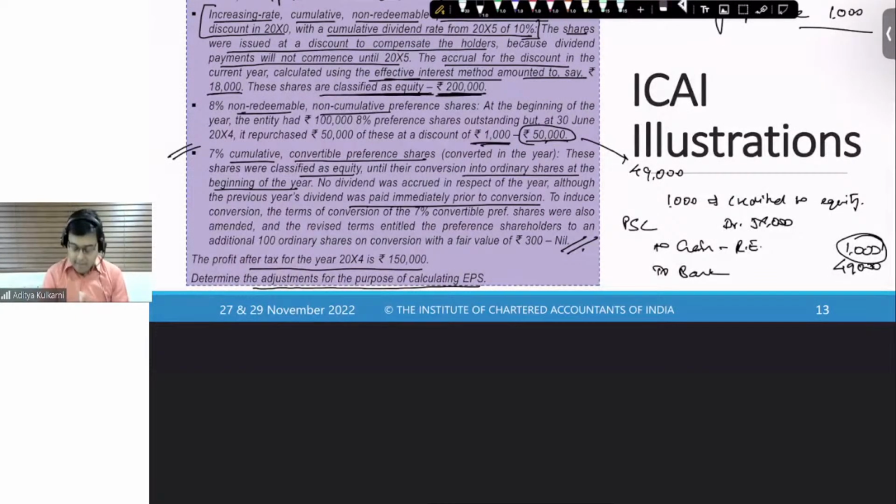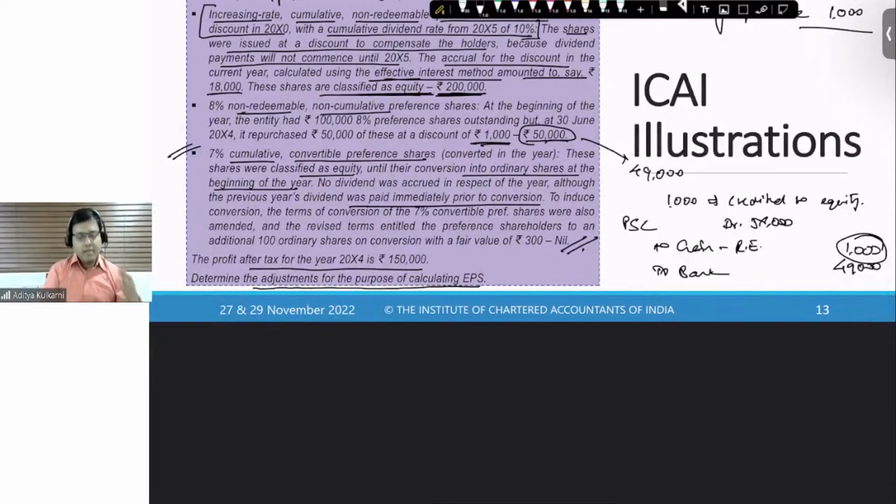So let us understand what is happening. I had certain cumulative convertible preference shares. These are convertible, so they were classified as equity, not as a financial liability. Now, prior to conversion, you have paid off the dividend, so the dividend liability is not there.